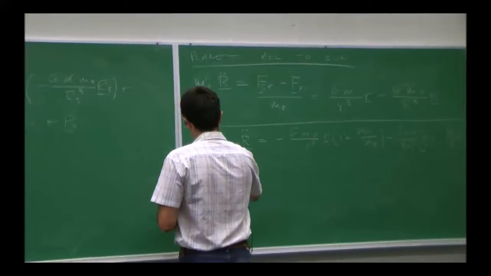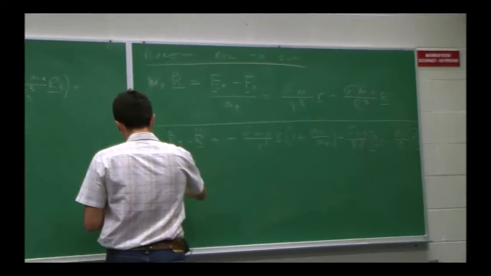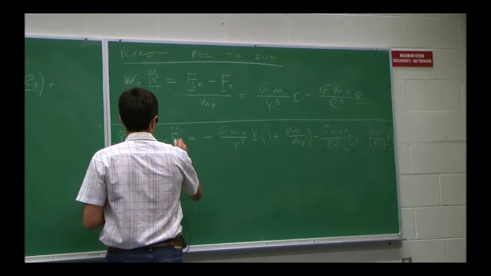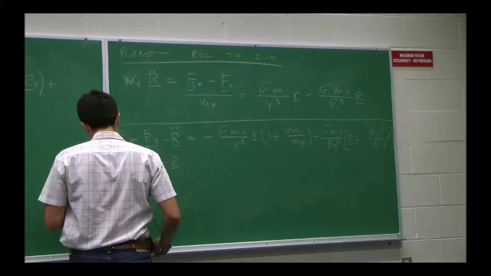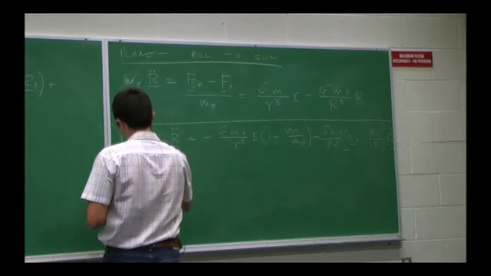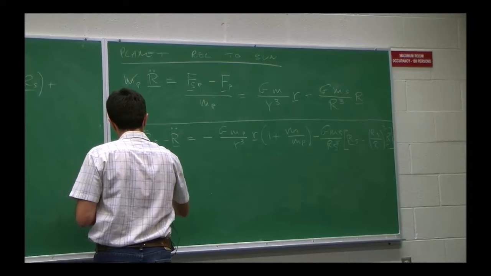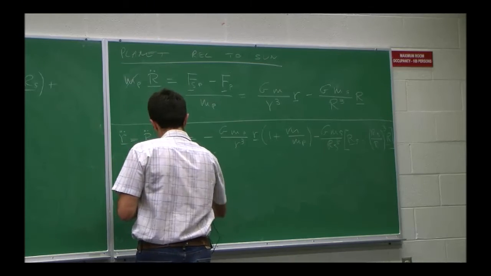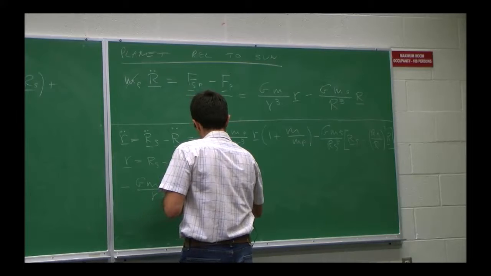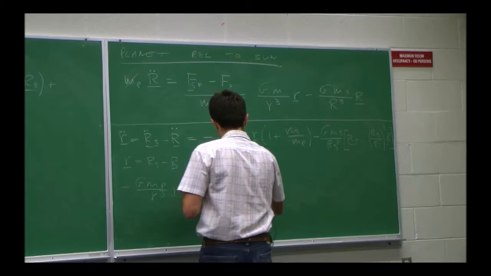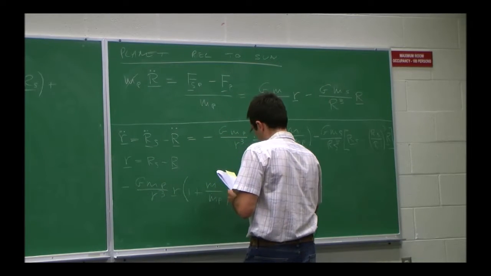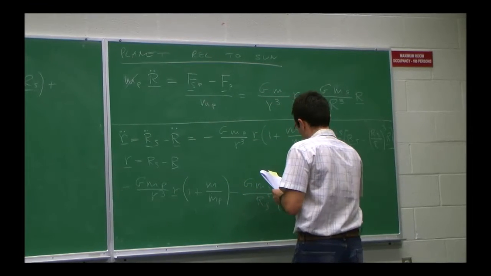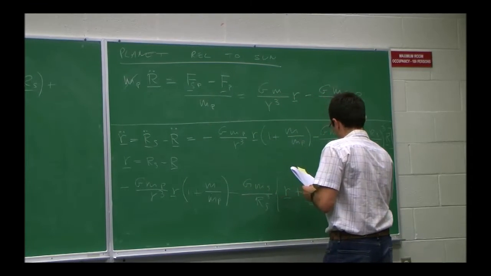Then, one more step. Well, remember that r is also rs minus r. I have it right here, right? If you substitute in here, you get minus G mp over r cubed. Well, the first term really doesn't change much. I'm going to have to simplify a few things, as usual. Okay, little r plus 1 minus.